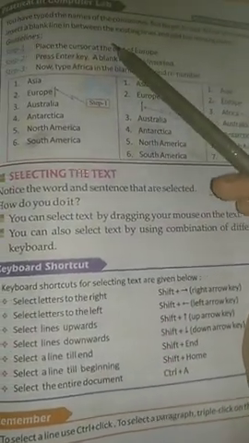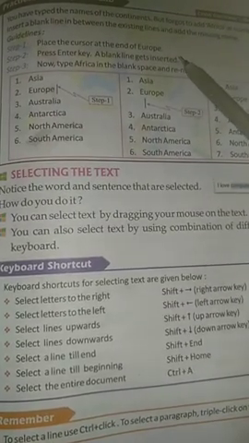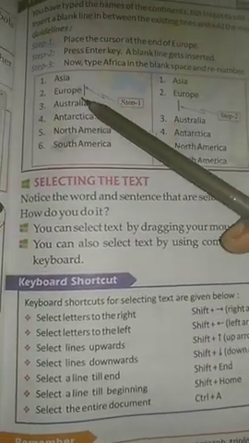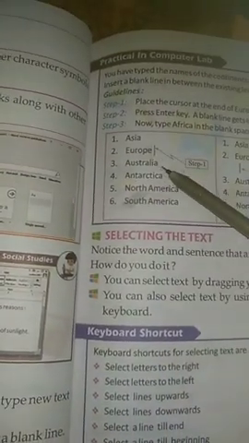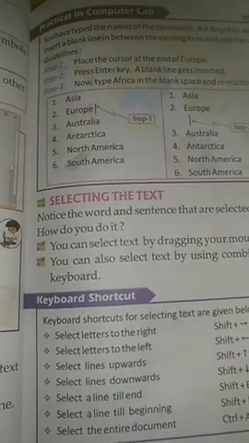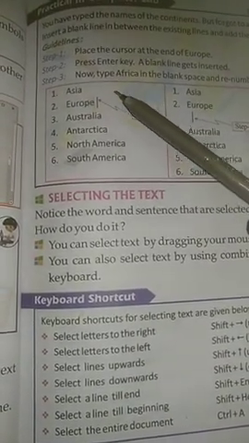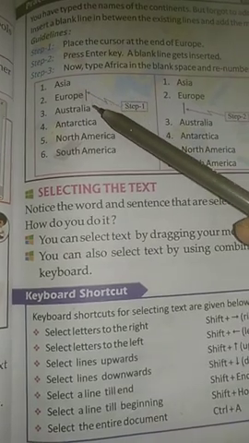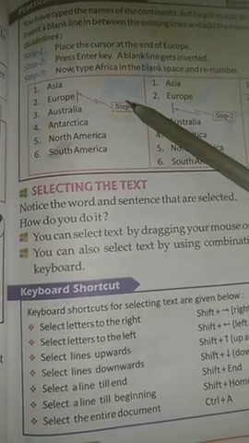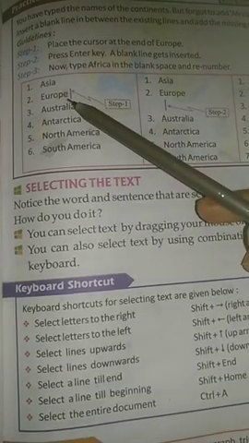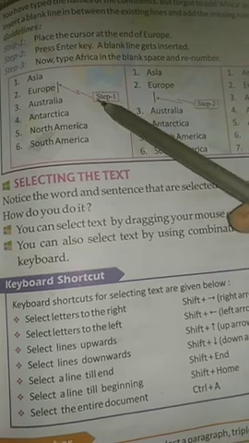Now here I will show you with the help of an example how you can insert a new line. Suppose here are some continents' names given: Asia, Europe, Australia, Antarctica, North America and South America. And if you want to add a new line, how to insert a new line?